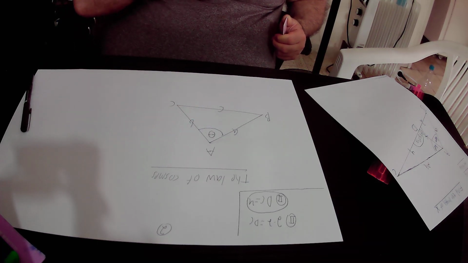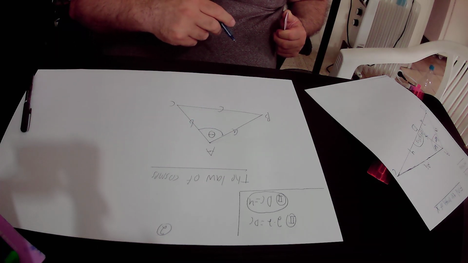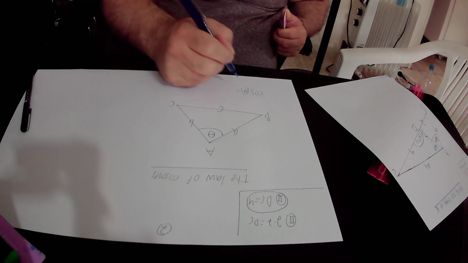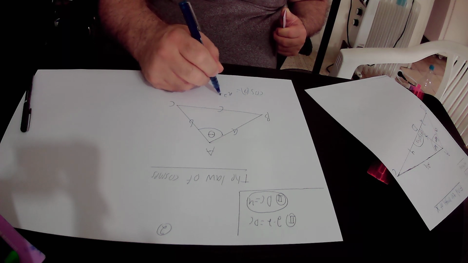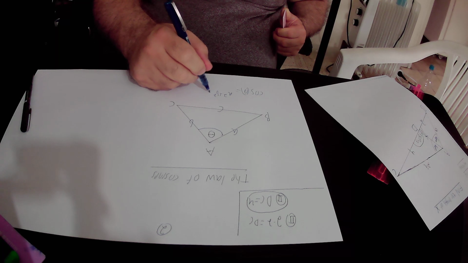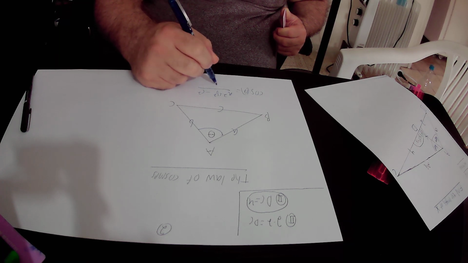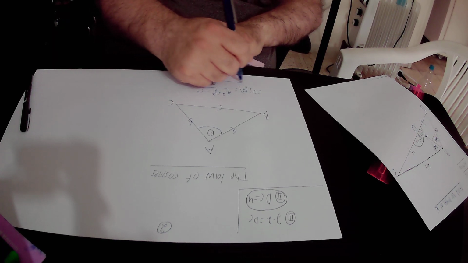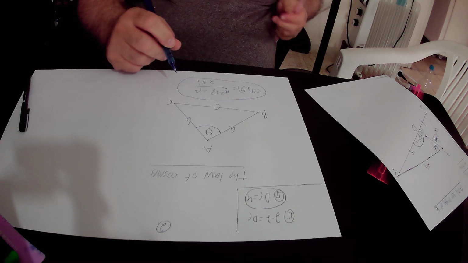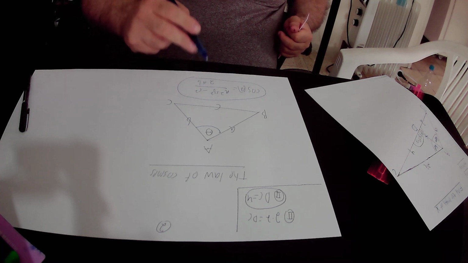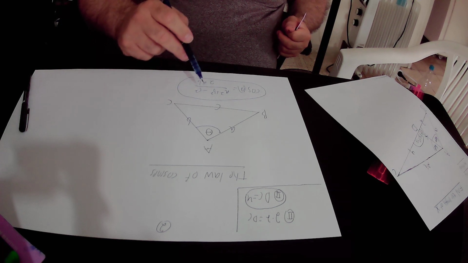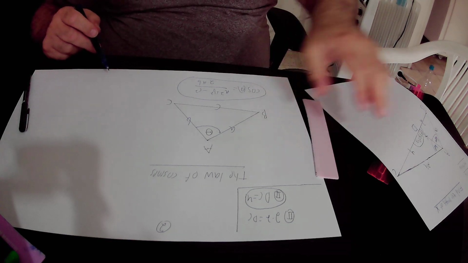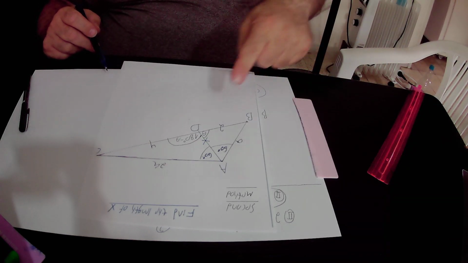So according to the law of cosines, we'll get that cosine theta equals a square plus b square minus c square over 2 times a times b. I'll repeat again, in any triangle, cosine theta equals a square plus b square minus c square over 2ab. So we can implement the law of cosines in triangle ABC.